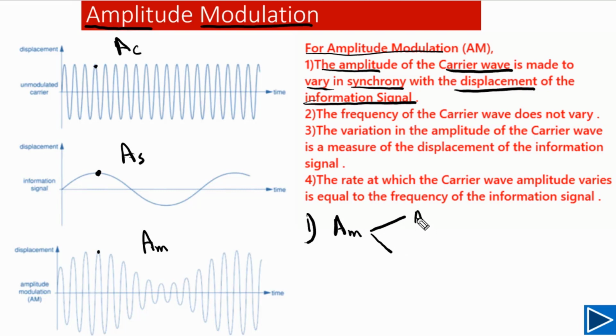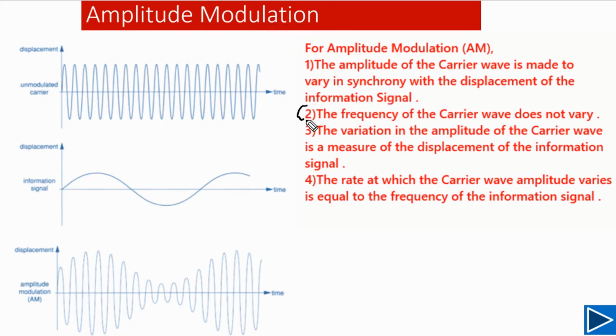It is depending on amplitude of carrier wave and it is depending on amplitude of signal. When amplitude of signal is increasing and it is positive, amplitude of modulated wave will increase. And when amplitude of signal is decreasing and it is negative, amplitude of modulated wave will decrease.